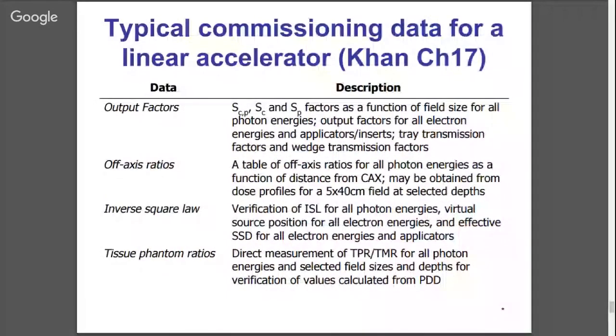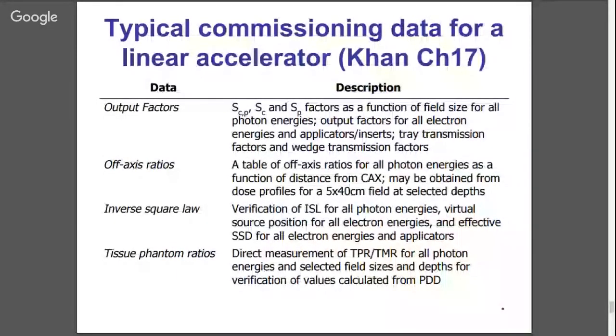Output factors, so this is looking to see how the output of the machine varies as a function of field size, okay, for all the different combinations that we might use. And one thing I probably should point out is also complicated these days by the fact that we have flattening filter free. So for every beam energy, photon beam energy, for example, we're going to have to measure it with and without the flattening filter.